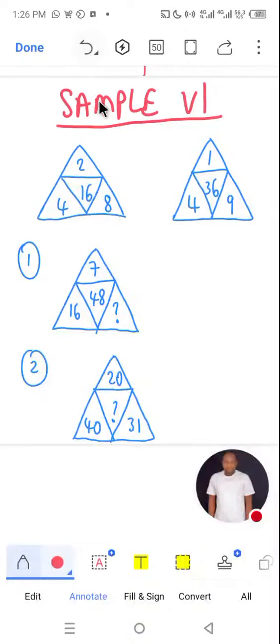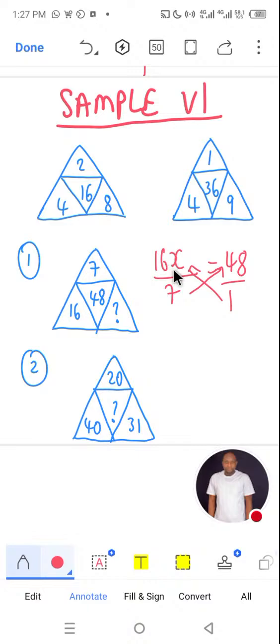Yes. So 16 times, let's say x, divided by 7 will give us what? 48. That's how you do it, okay? So just cross multiply. I'll just only multiply this one first. You can do this.